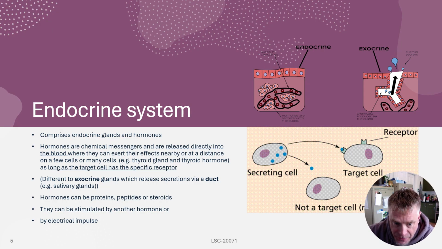Today we're talking about hormones, and hormones can be proteins, peptides, or steroids, and they can also be stimulated by another hormone. So you have this feature called cascades, where the release of one causes the release of another, and you get a whole signaling cascade. Sometimes they can get triggered by an electrical impulse. All of these things that are triggering them relate to the external environment or conditions within the body.